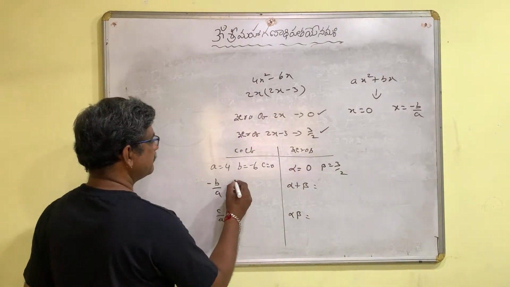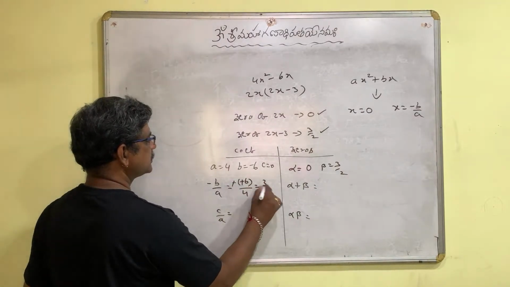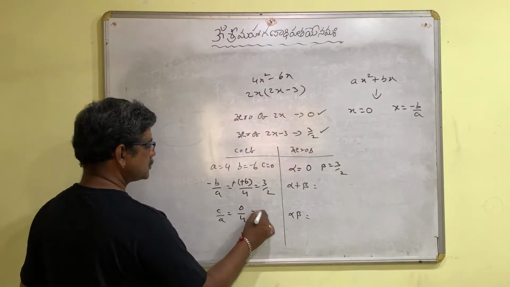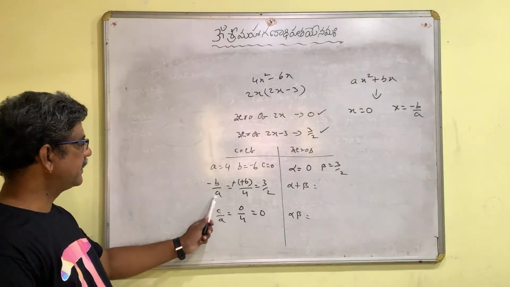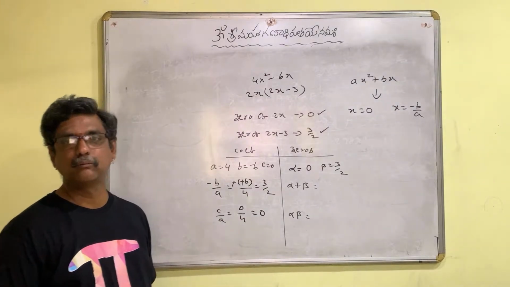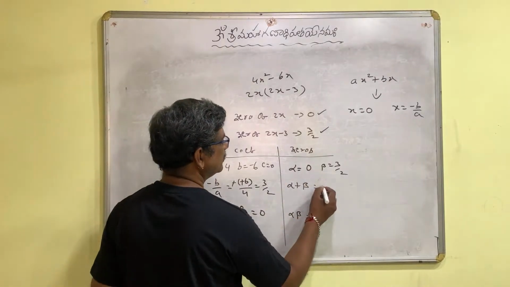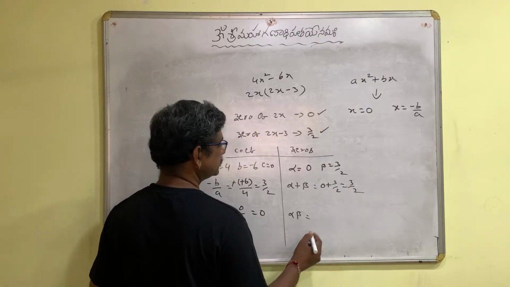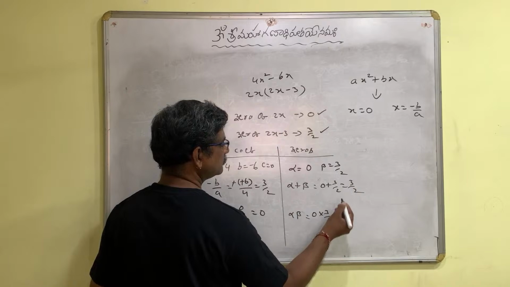Minus b by a means minus of minus 6 by 4, which is 3 by 2. And c by a is 0 by 4, which is 0. Now alpha plus beta, 0 plus 3 by 2, is 3 by 2. Alpha beta, 0 into 3 by 2, is 0.